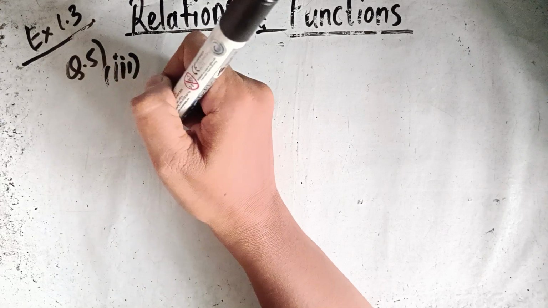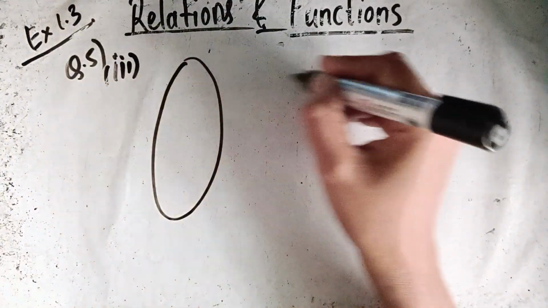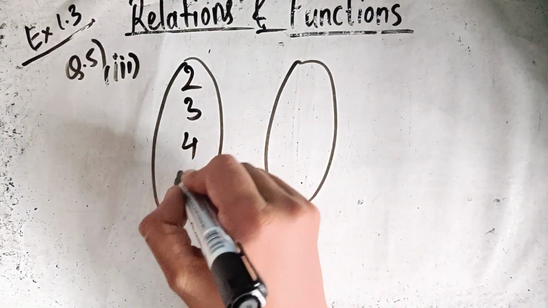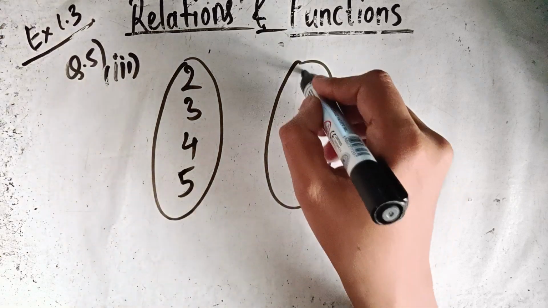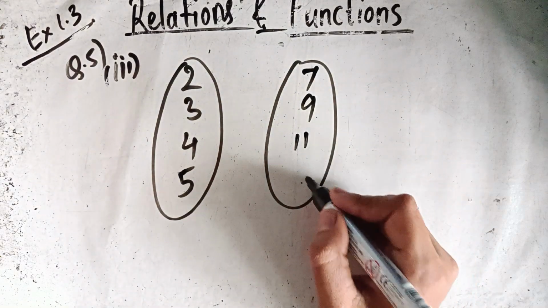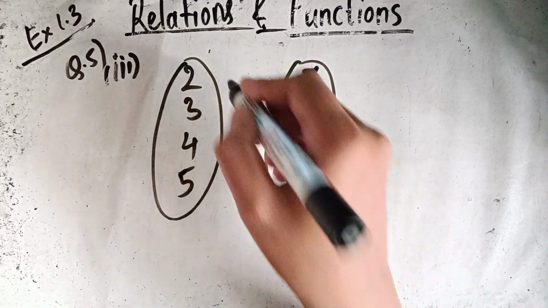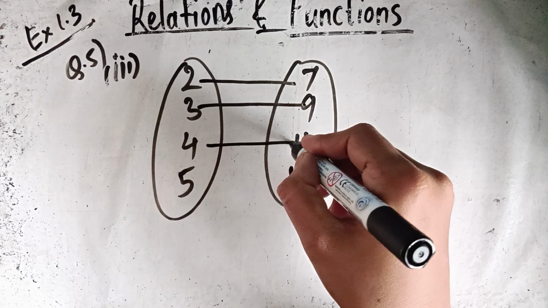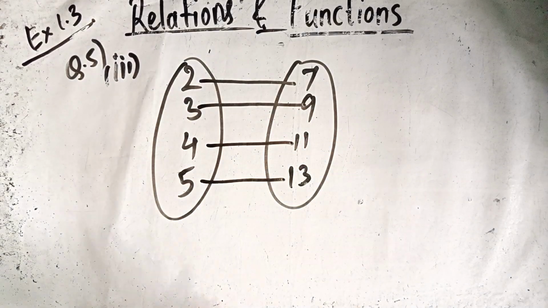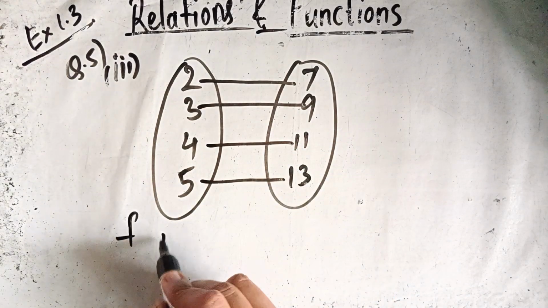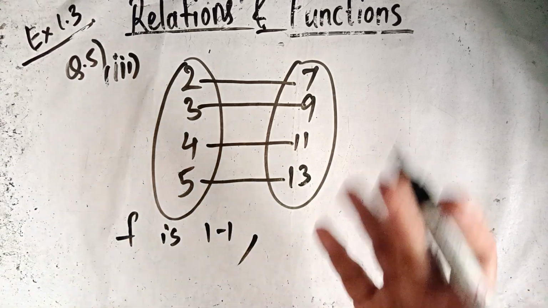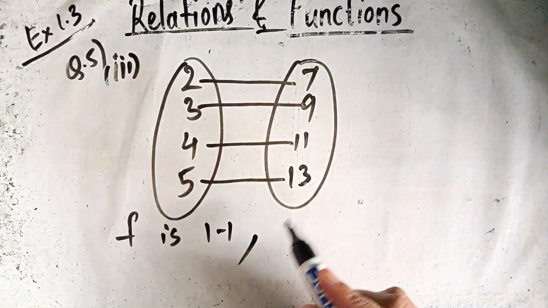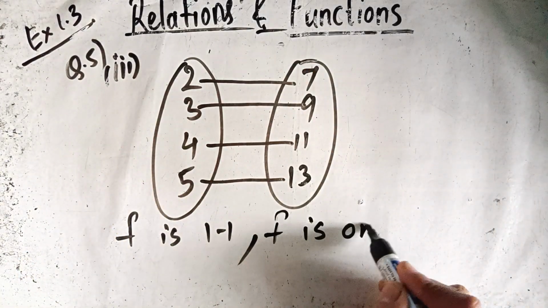Third one. 2 3 4 5, 7 9 11 13. Okay, 2 is going to 7, 3 is going to 9, 4 is going to 11, and 5 is going to 13. So from this we can say that f is one-one, and also all the elements in the codomain set are covered. So f is onto.